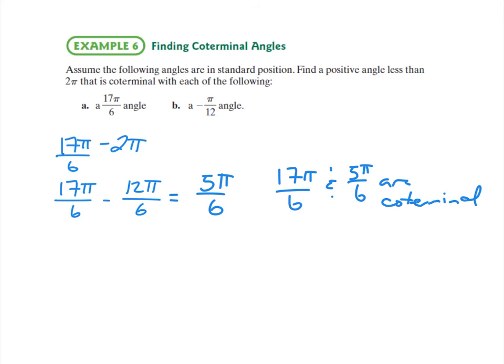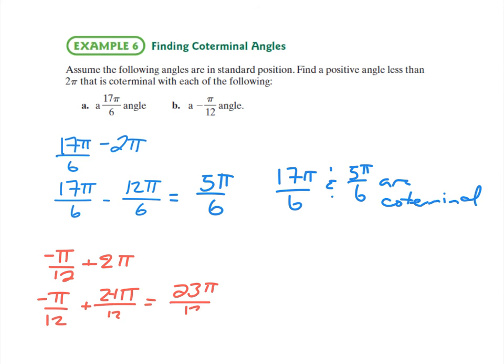Okay, so for the second example, we start with negative pi twelfths. And here we're going to add 2 pi, which is negative pi twelfths plus 24 pi twelfths, because that's 2 pi in twelfths, which is going to give us 23 pi twelfths.